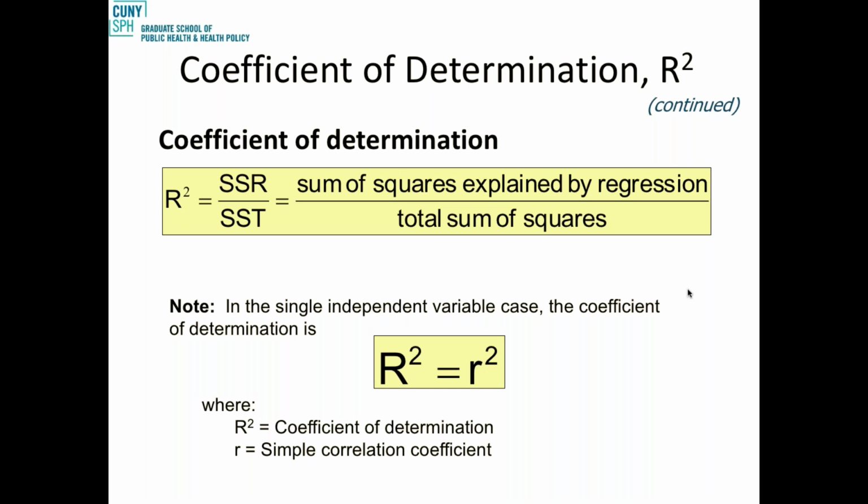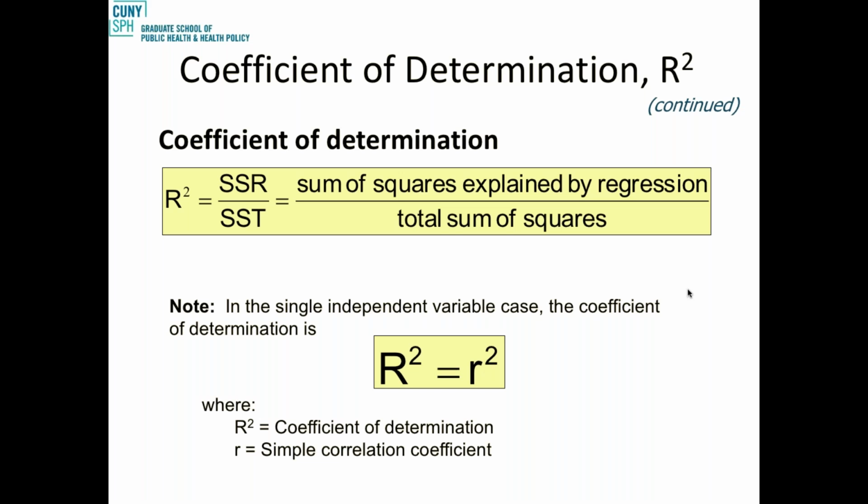Now, if you look at this version of calculating or path to r squared, it's a little bit more descriptive, isn't it? It says that that value is the sum of squares explained by the regression over the total sum of squares. In other words, it's the variability, the difference between the value that the individual really is and how well the formula predicts it.